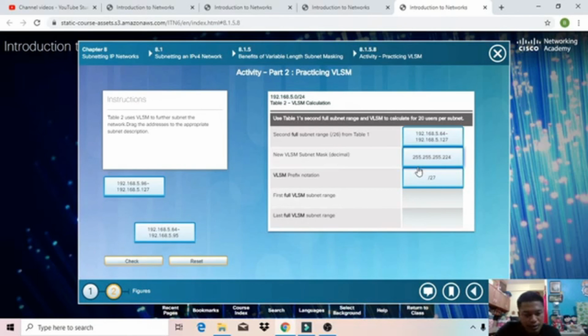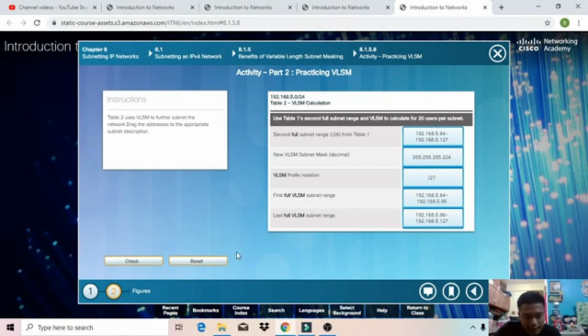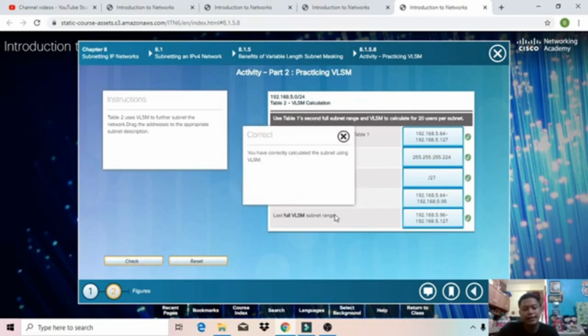I think that is 192.168.5.64 to 192.168.5.95. So the last is the last full VLSM subnet range: 192.168.5.96 to 192.168.5.127. Let's check. Oh, it's correct. You have correctly calculated the subnet using VLSM.